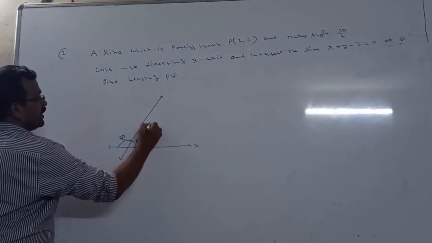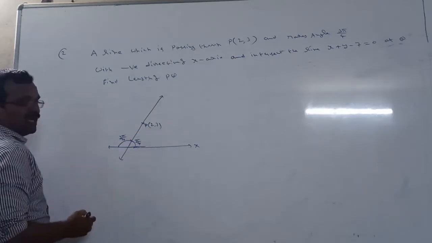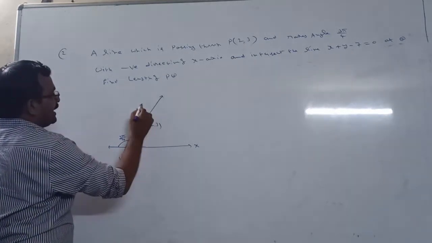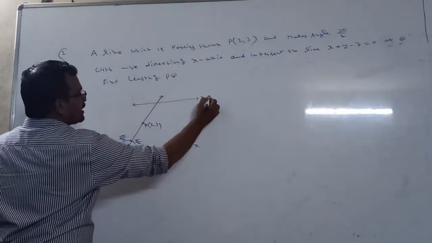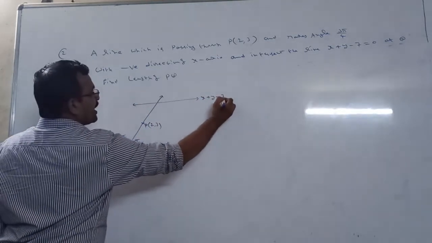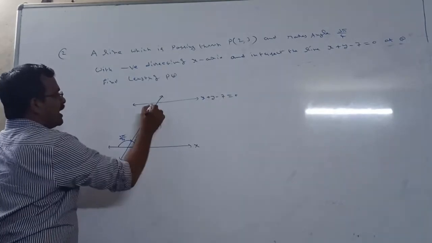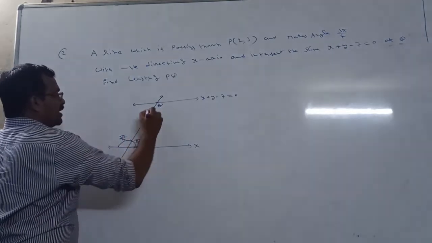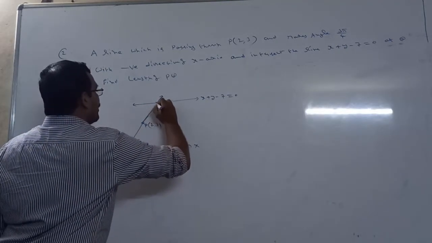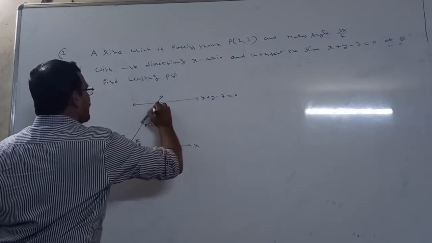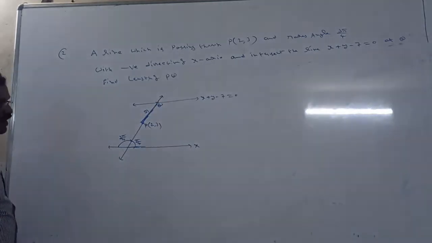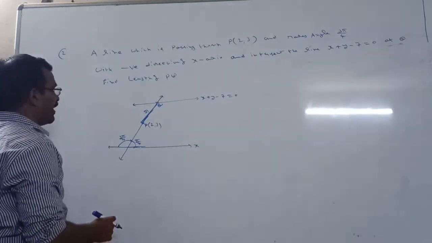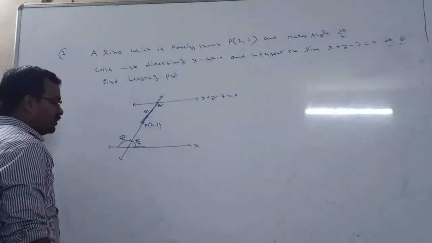Here, they have given P is the point 2, 3. And this line intersects another line x plus y minus 7 equal to 0 at Q. They are asking this value. The length PQ value is nothing but r. So first you find the coordinates of Q.